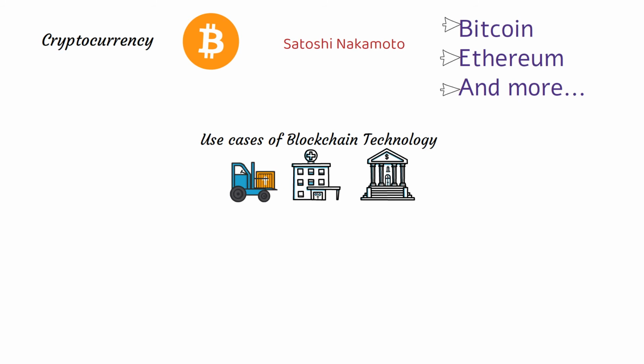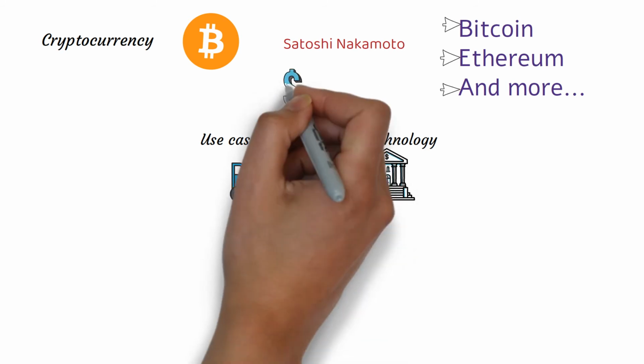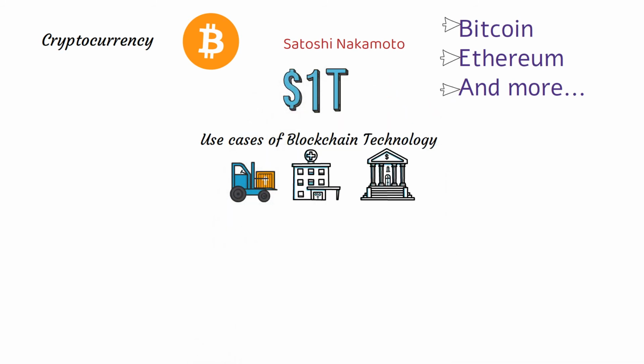Blockchain powers Bitcoin, Ethereum, and other cryptocurrencies. Since the advent of Bitcoin, thousands of cryptocurrencies and digital tokens, fungible and non-fungible, have flooded the open crypto market. At its peak, cryptocurrency recorded the highest market cap of over $1 trillion.